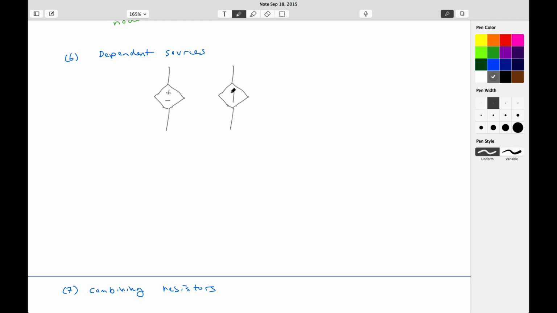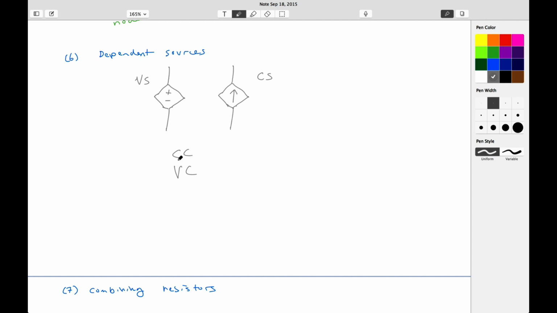For each of these, they can be controlled either by a current or a voltage. So CC means current controlled, and VC means voltage controlled.